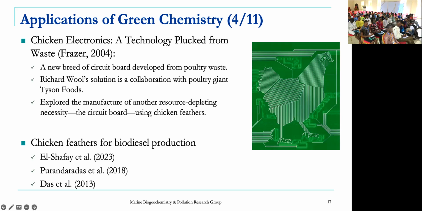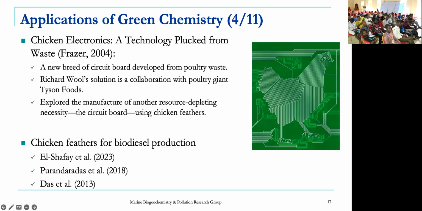So I'm here at this point because I'm challenging the students that are listening to me to look at how they can make use of these principles. And of course, we have lots of chicken feather waste that is thrown away into the environment. Let's see how we can make use of these and come up with something that's environmentally sustainable.